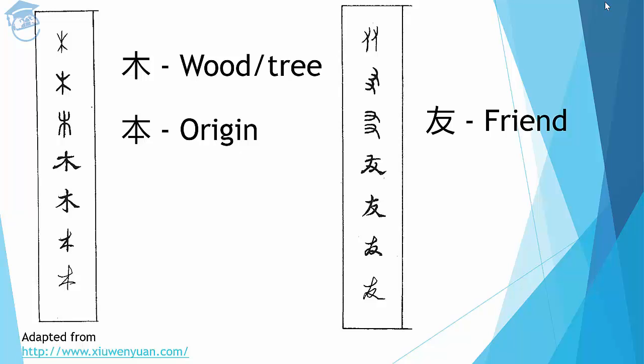If you can see here, there are two hands which go in the same direction, and later on it becomes like they are holding hands together, which means that friends are holding hands. So this is how friend evolved until today.